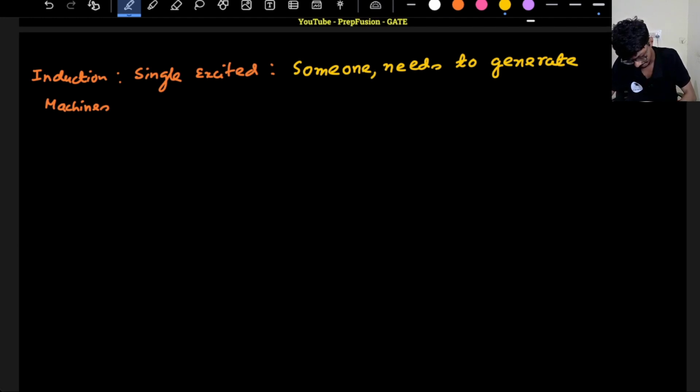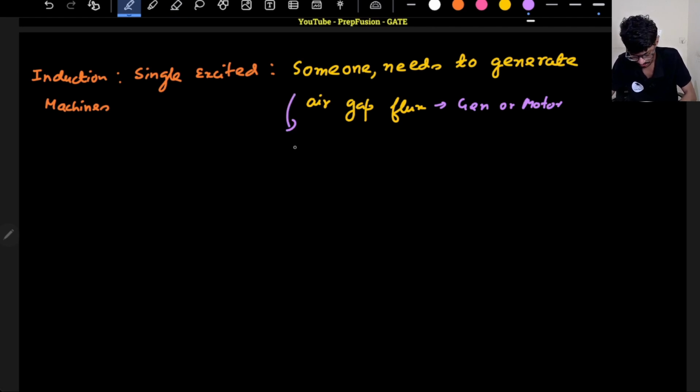Someone needs to generate the air gap flux, be it for a generator or a motor, since we can use an induction machine as either. So to generate this air gap flux, what do you need? You need reactive power.